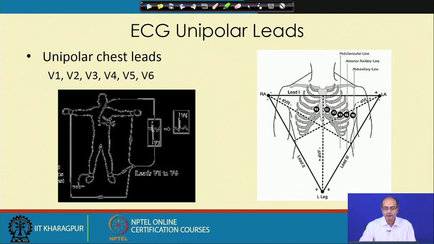Now, we go for another kind of unipolar leads. These are called unipolar chest leads. When you have the bipolar leads or AVL or AVR, this kind of unipolar leads, we are taking the ECG signal from far away from our heart.